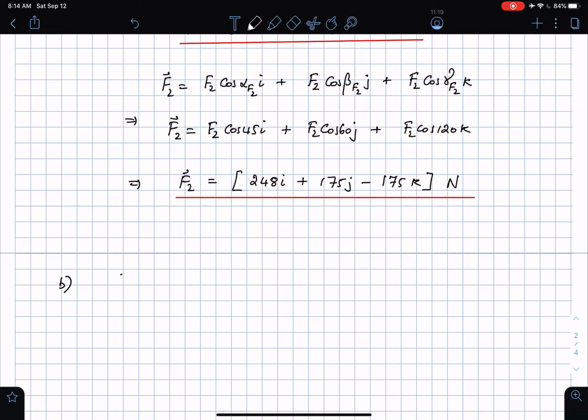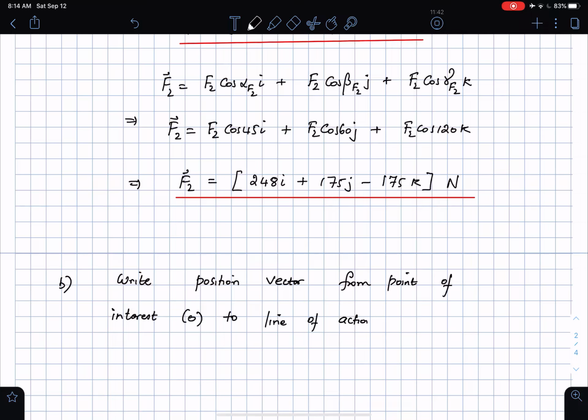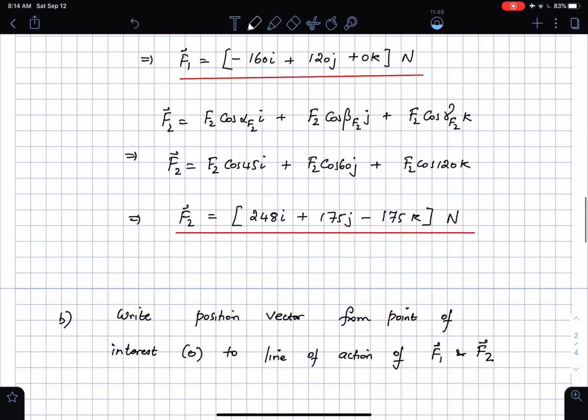So write the position vector from the point of interest O to any point on the line of action of the force, the line of action of F1 and F2, where I am making use of the key idea, right?